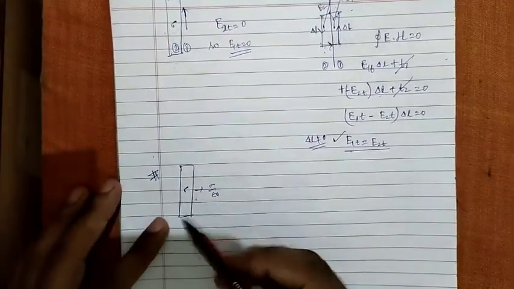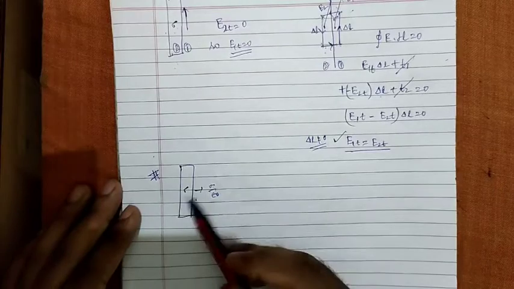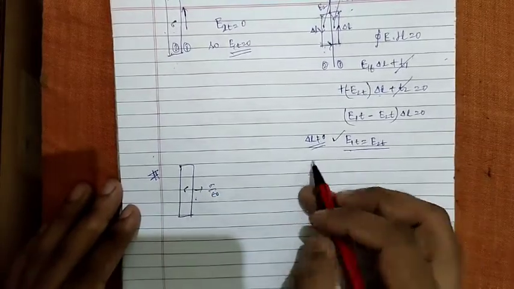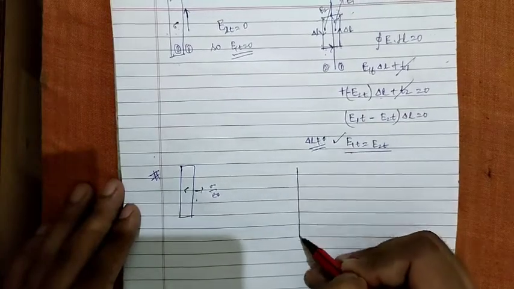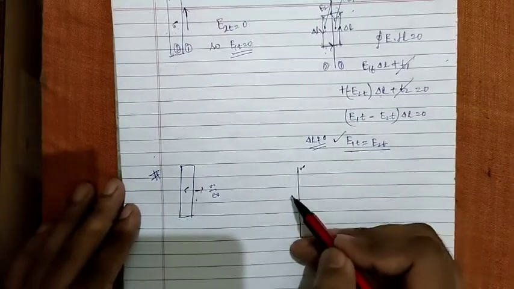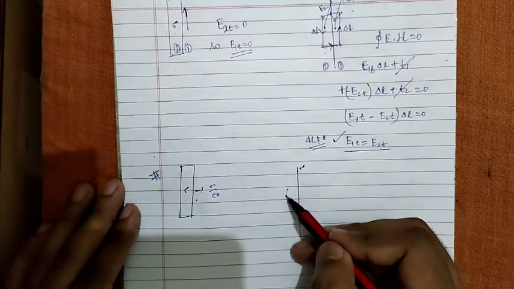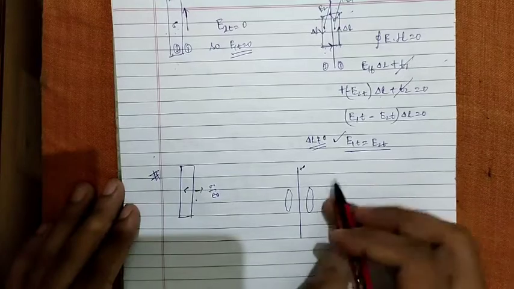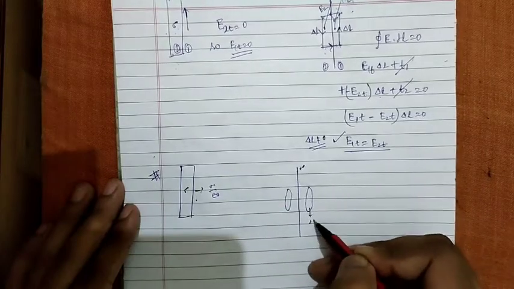So to prove this sigma by epsilon naught outside, let's say again a surface having surface charge density sigma, and this time we will consider an imaginary surface having a surface area dA.